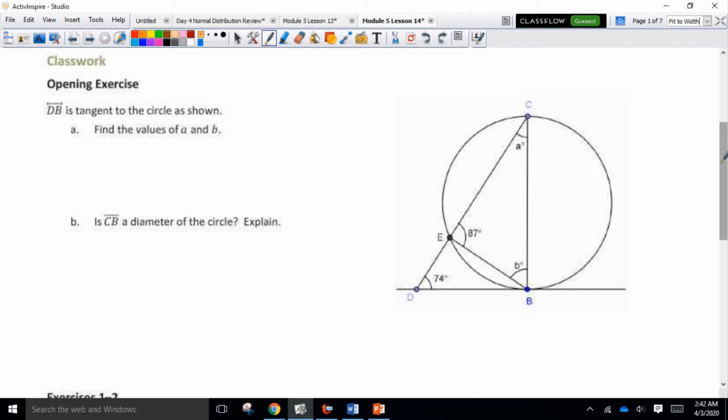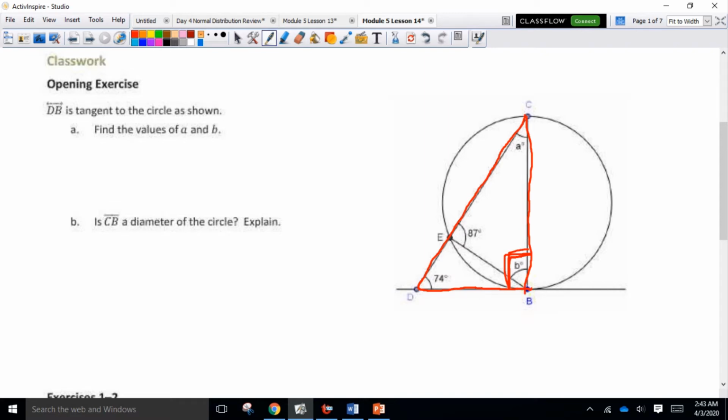Okay, find the value of A and B. So, we have a couple triangles happening here. I know that this triangle here, DCB, is a right triangle because DB is tangent, so that means it has to make a 90-degree angle.